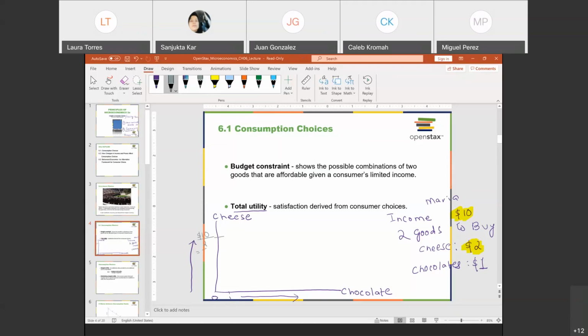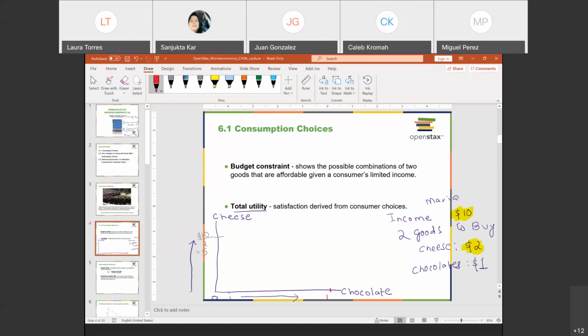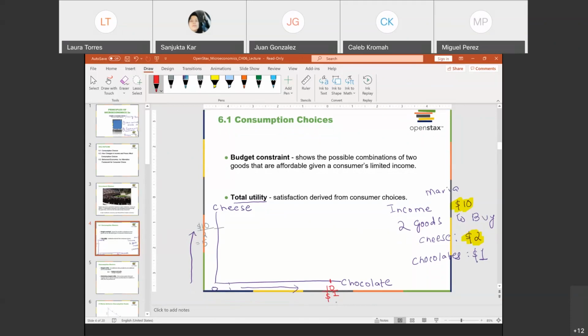That means five packets of cheese. On the other hand, if she decides to spend her income on chocolates only, she would be able to purchase 10/1, and that's equal to 10 bars of chocolate. So these are some extreme choices here.